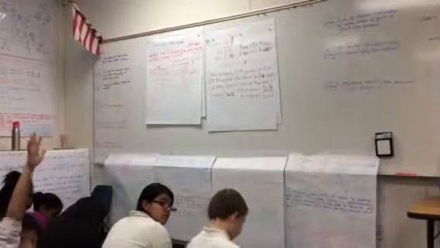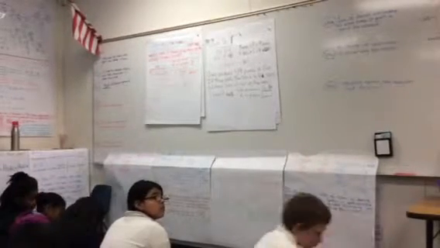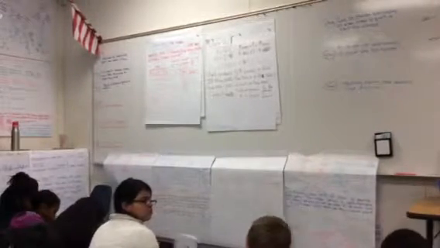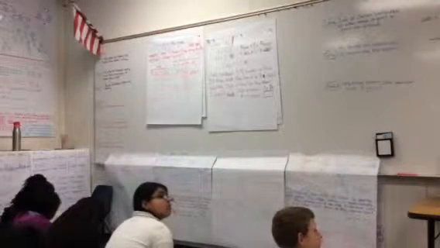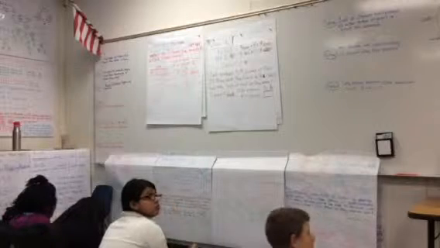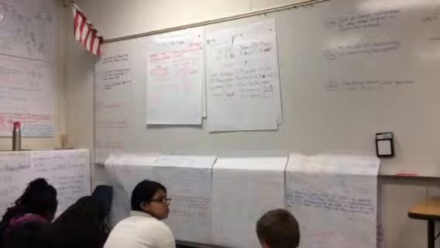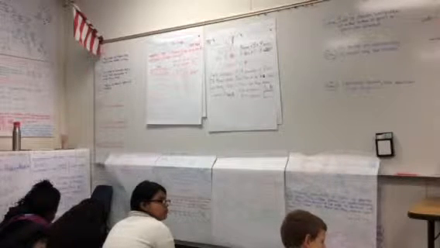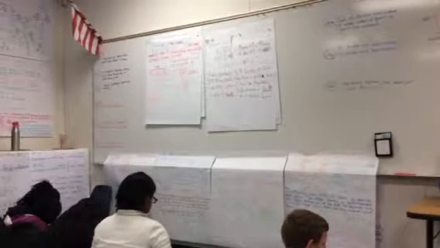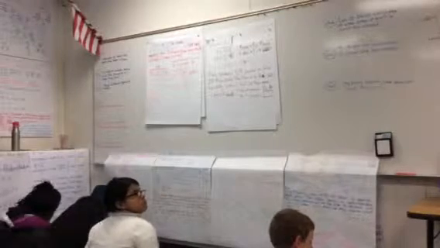Now class, talk to your partner, explain to them why did you do what you did. No, Amaya. I have to ask you again. There's a spot between Rosie and Conrad.